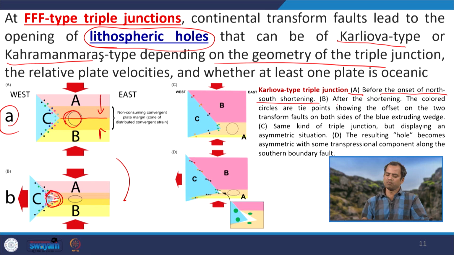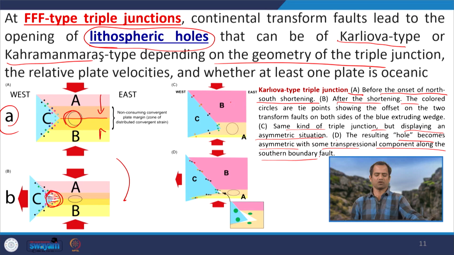So, here in B after shortening, these colored circles show the zone of deformation. Now, in C, this kind of triple junction is displaying an asymmetric situation, and in D the resulting hole becomes asymmetric, with some transpressional component also in the southern boundary fault. Now, here if you see, suppose this is plate A, B, C and we have a circle here.